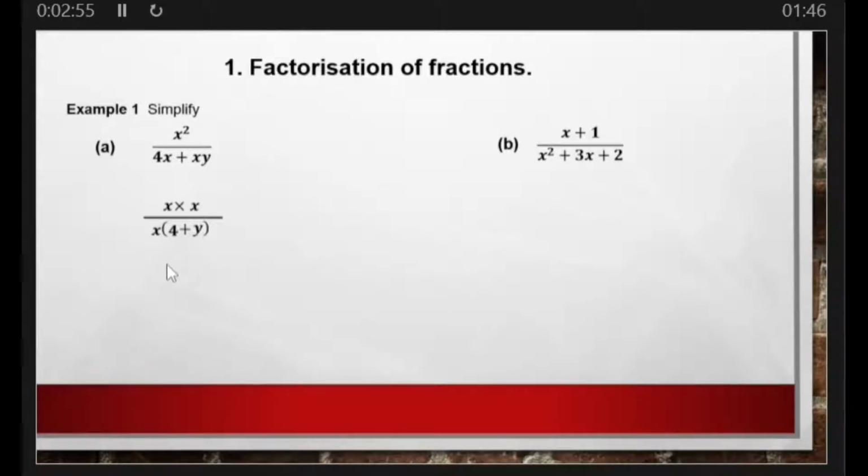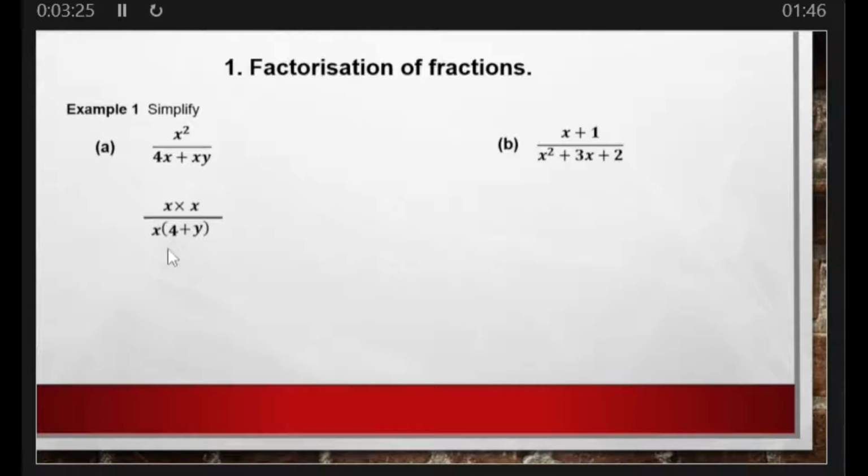Then the next thing that we are going to do is to cross out the variables that appear on the numerator and on the denominator. So as you can see, on the numerator we have x, and also on the denominator we have x, and also on the numerator we have a multiplication sign, and also on the denominator here we have a multiplication between x and what is in the brackets.